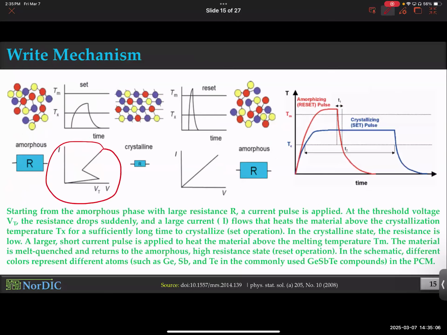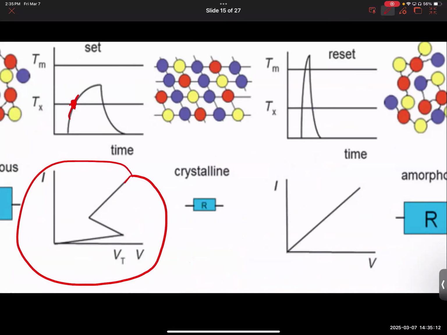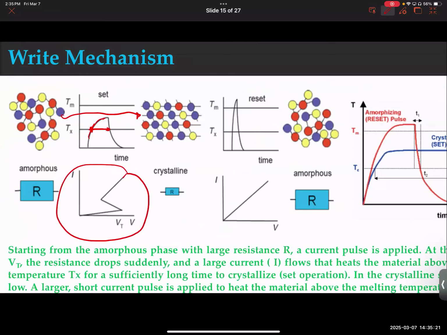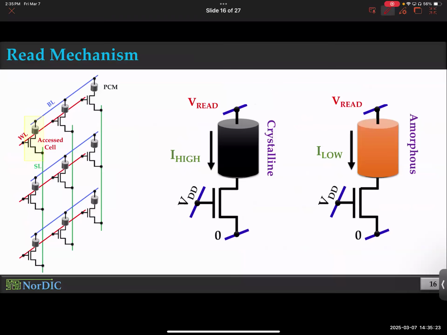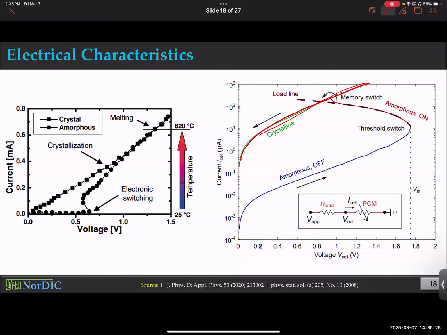Yes, that's a great question. So basically, that's the point where you have hit this crystallization temperature. And then you have to wait up to this point to make sure all of these atoms could reorganize and crystallize. Okay, that's why there is a time involved. And this is a very confusing curve for two reasons. First of all, notice this is supposed to be a DC curve because you have current versus voltage, no time involved here.